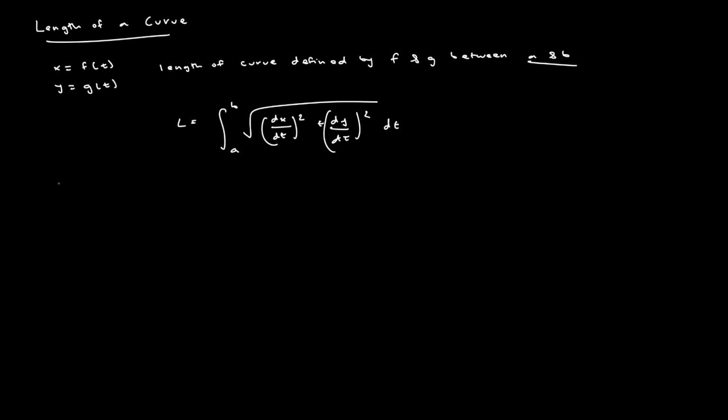Let's say that we're given a function x equals cosine cubed t and y equals sine cubed t. We want to find the length for t between 0 and 2 pi.